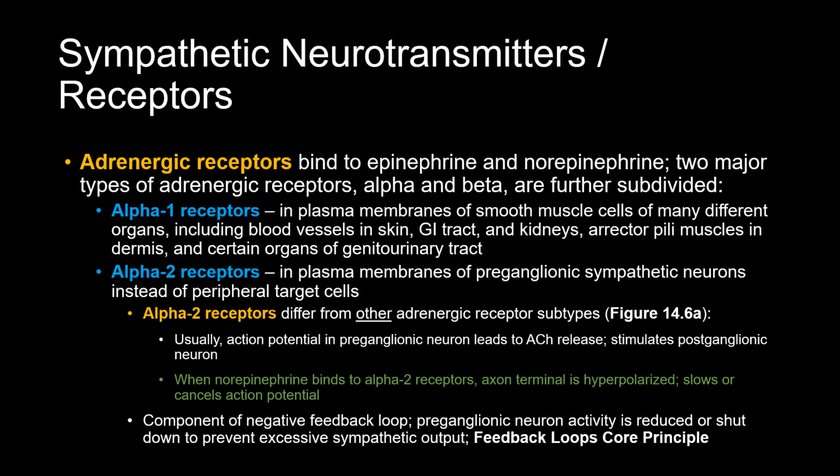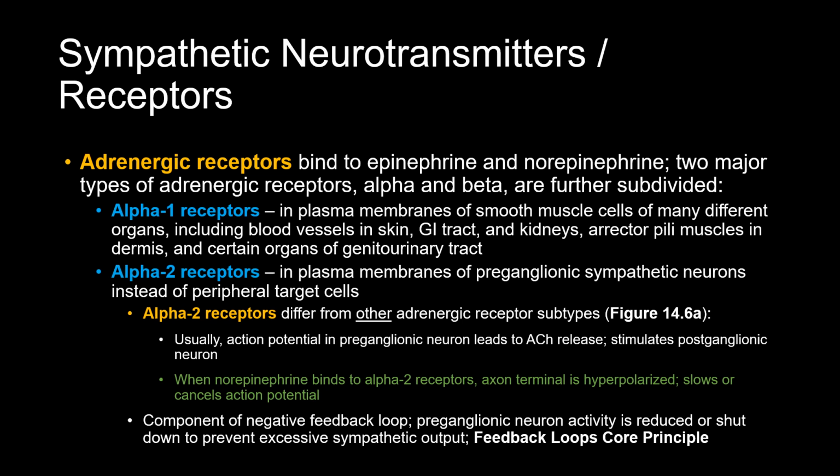However, when norepinephrine binds to an alpha-2 receptor, the axon terminal is hyperpolarized, slowing or even canceling these action potentials. As a result, the preganglionic neuron stops stimulating the postganglionic neuron, which can dampen or even shut off the sympathetic response. And this is part of that negative feedback loop that prevents excessive sympathetic activity.